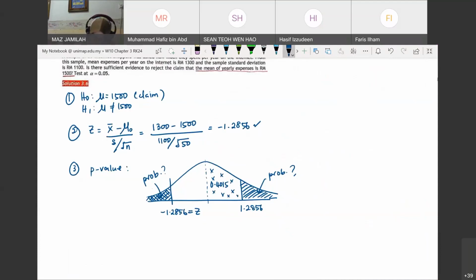So I can write this as P(Z between 0 and 1.29) = 0.4015. The shaded area is obtained by 0.5 minus this particular area, 0.4015. So what is the probability?